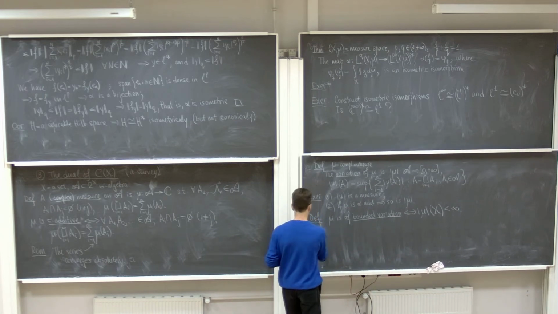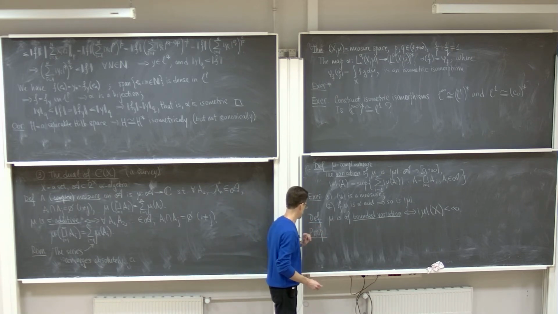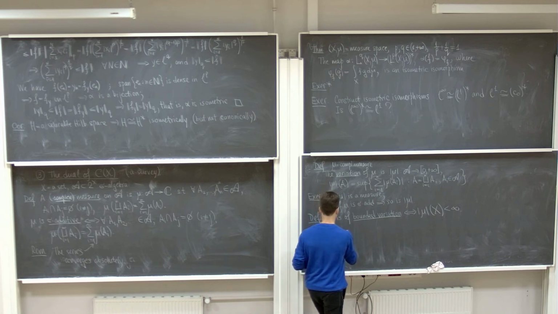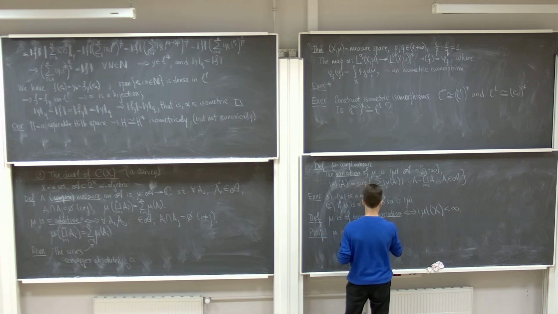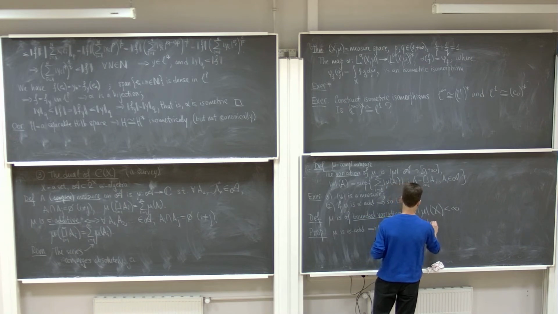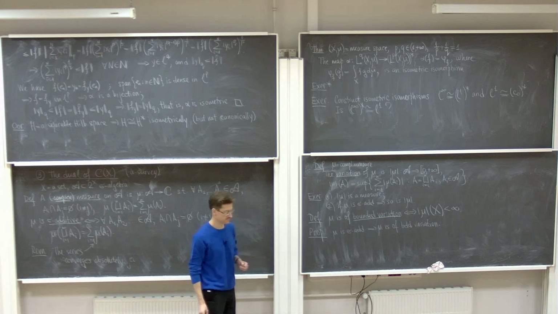And we have the following result, which is not entirely obvious: if mu is sigma additive, then mu is of bounded variation. The proof is a nice exercise in measure theory.